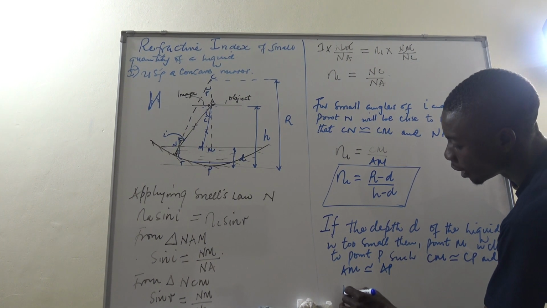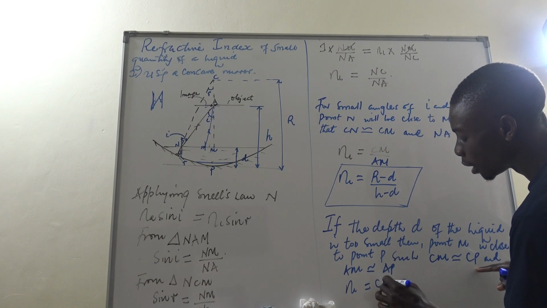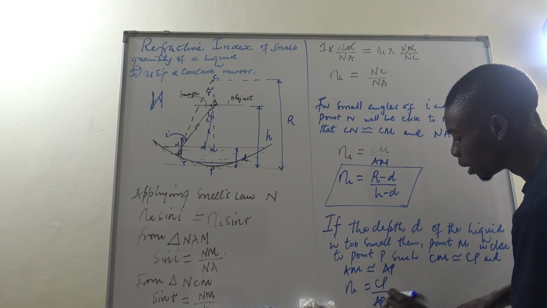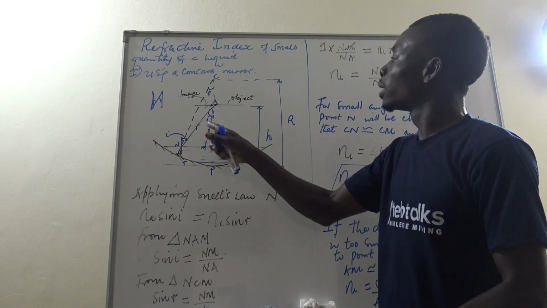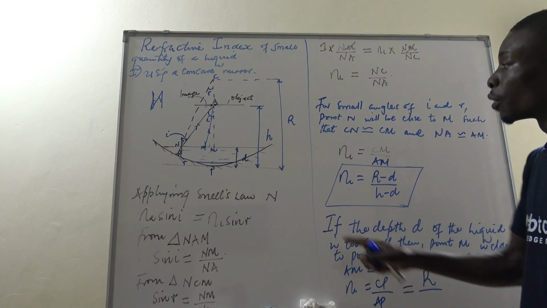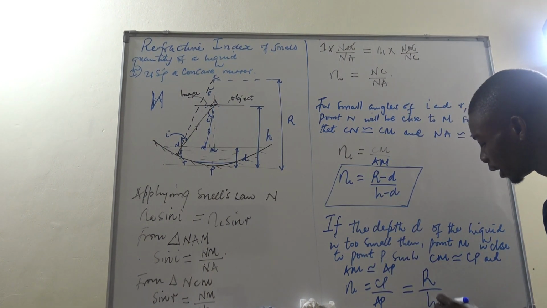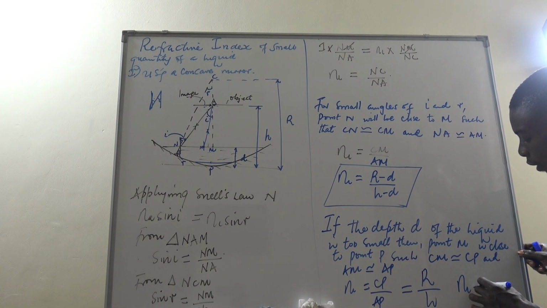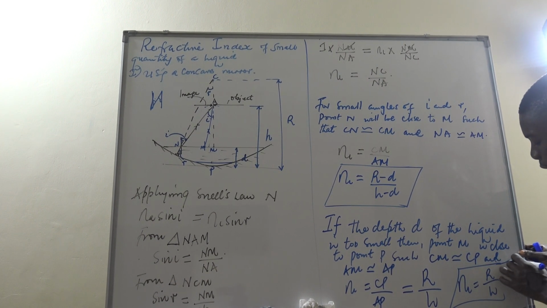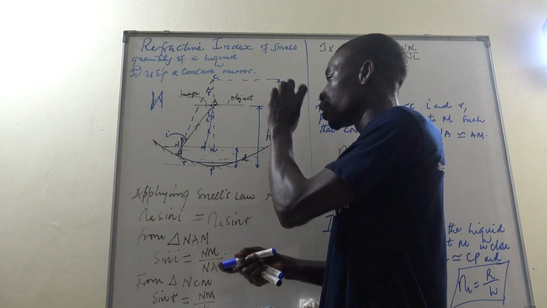And then we shall say our refractive index is CM, which is the same as CP, out of AM, which is the same as AP. But what is CP? CP is R, out of AP, which is H. So in other words, the refractive index will be R out of H. This formula is only right if the depth of the liquid is too small.